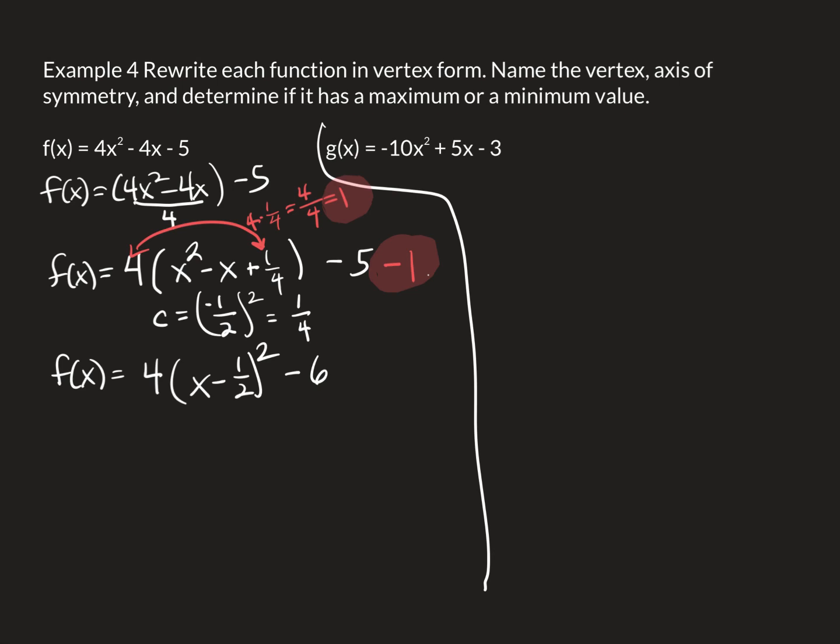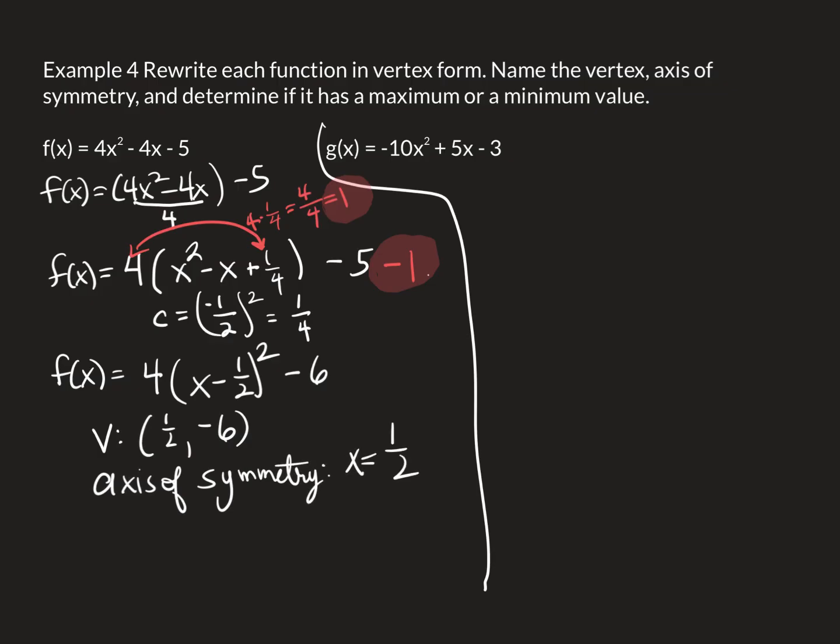Now, my vertex. My vertex is (h, k). h is 1/2, because it should be minus. 1/2, negative 6, that's my vertex. And my axis of symmetry is x equals 1/2.